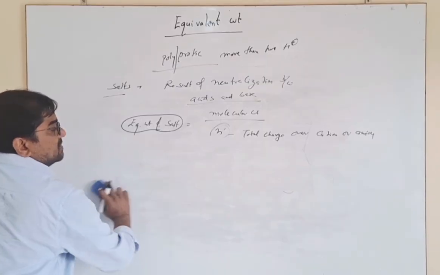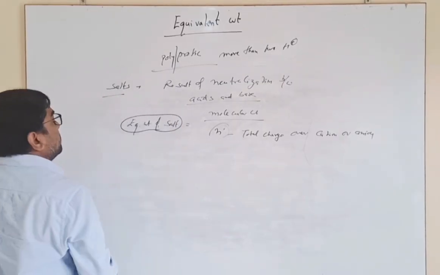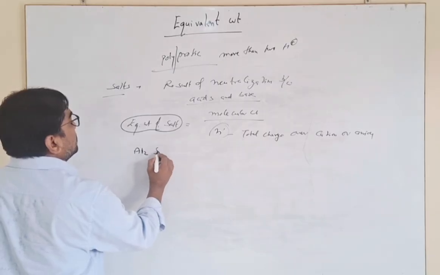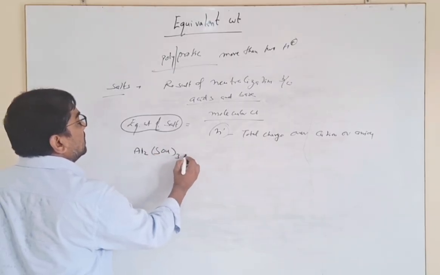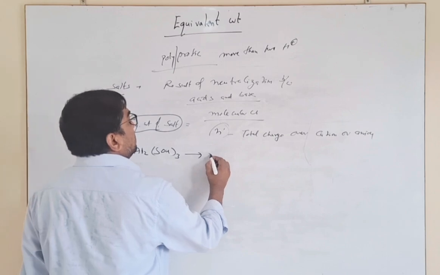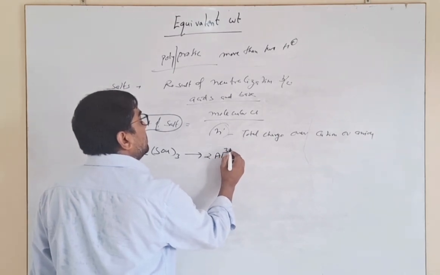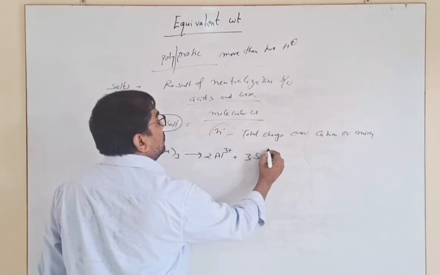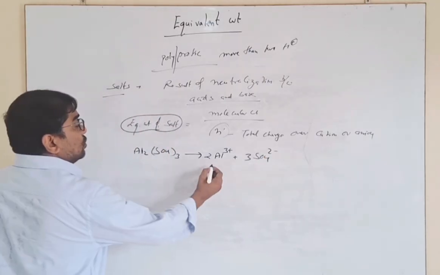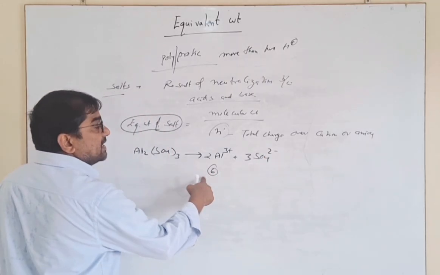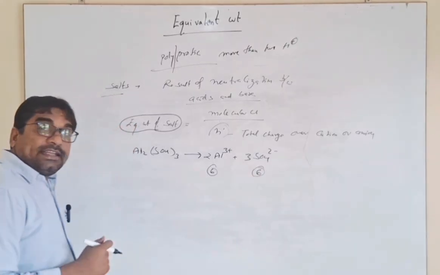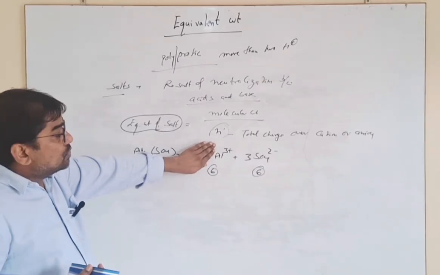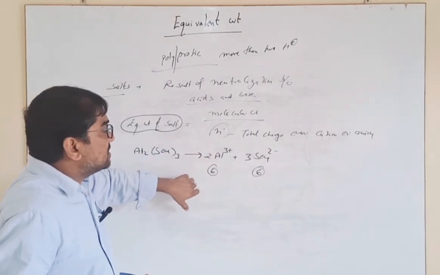Let's see another example of a salt, like aluminium sulfate, Al2(SO4)3. When it dissociates, it results in 2Al3 plus and 3SO4 2 minus. Total charge is 6 on the cation and 6 on the anion, not 3. One ion of aluminium has 3, so 2 have 6 charge.